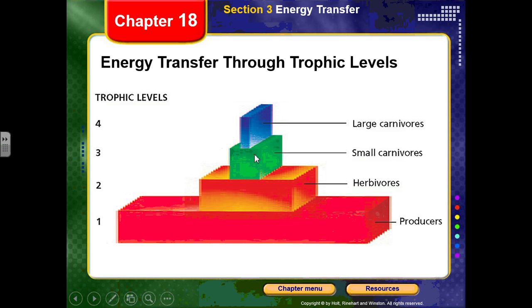Here's a good graphical way to look at this. So obviously we have producers down here. This is how much energy the producers will have. So the first trophic level right here, they have the majority of the energy. After that, you have herbivores. Okay, so if you want to think about this, think about the prairie. In the prairie, you have a ton of grass, so there's a ton of energy stored in that grass. If you want to think about a large scale structure as far as herbivores, you're going to be talking about like bison.